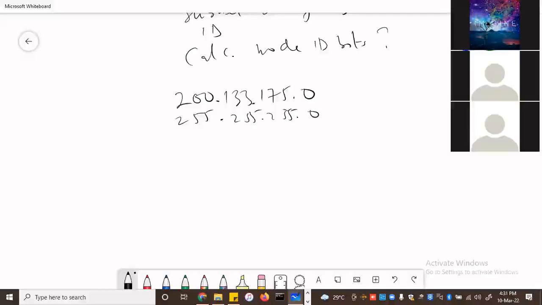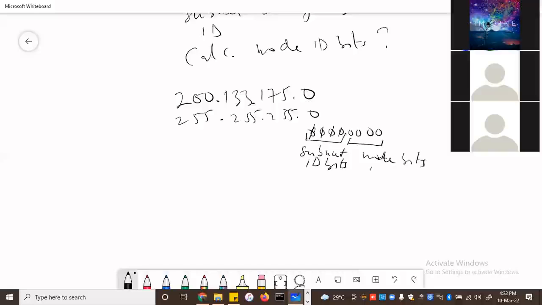This 0 here is actually 0 in binary, 0, 0, 0, 0, 0, 0, 0, but we used 4 of it as subnet ID bits, so we made those all ones basically. And we had 4 bits left for our node.